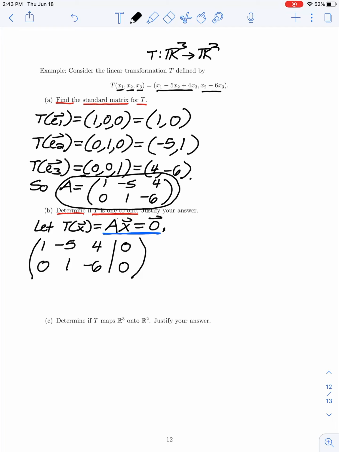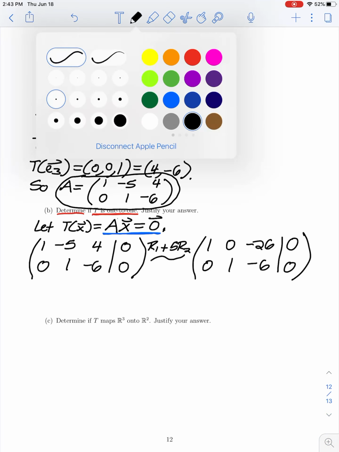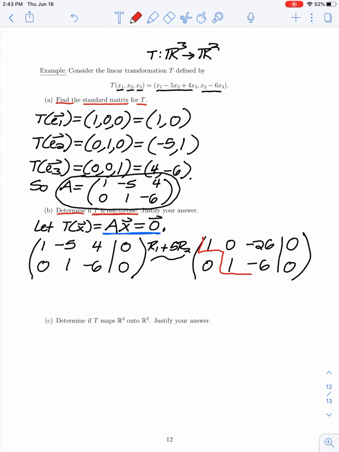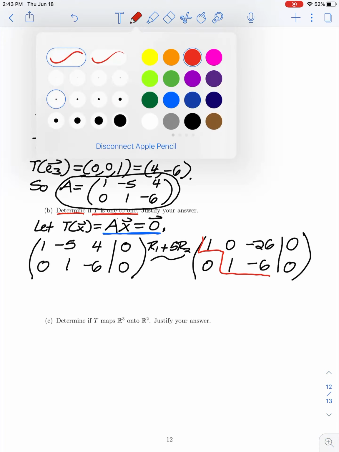So to simplify this, we could take row 1 and add 5 times row 2. And we have 1, 0, -26, 0, and 0, 1, -6, 0. So my augmented matrix, in reduced row echelon form, does not have a pivot in every column, which means that there exists a free variable.